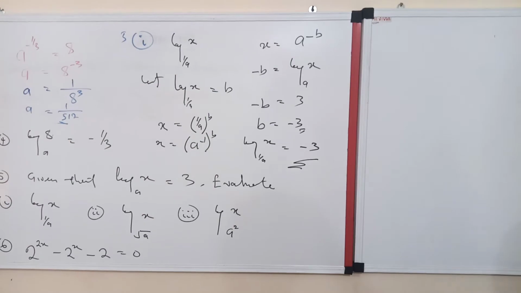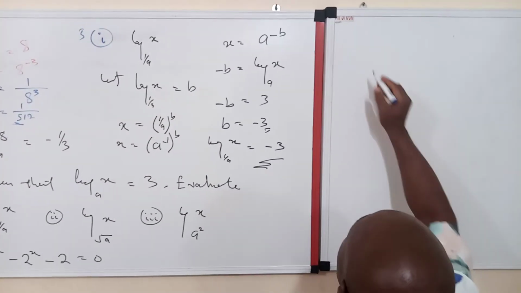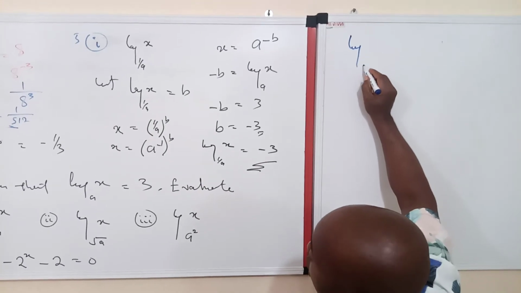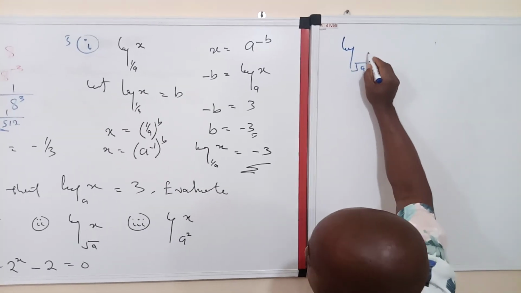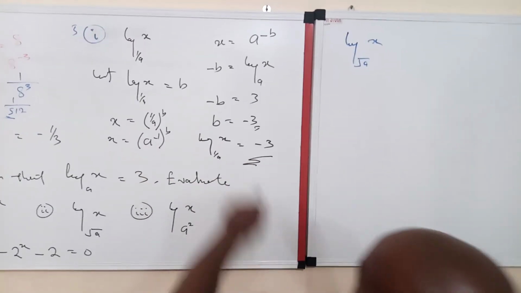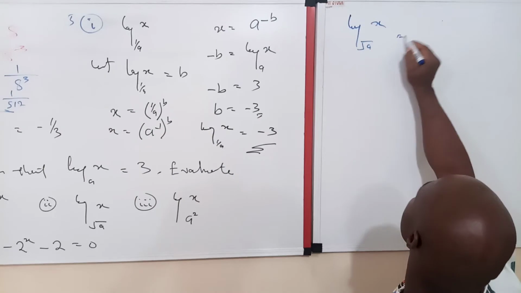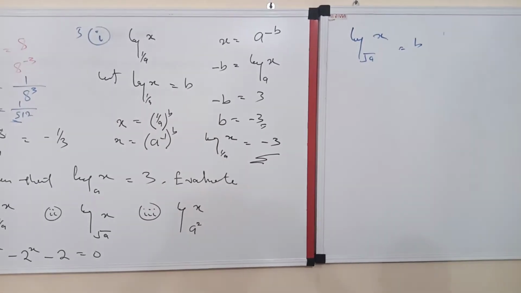Now, this other one we have is the log of x in base square root of a. So as we did in the other case, we say let that be equal to, say, b.